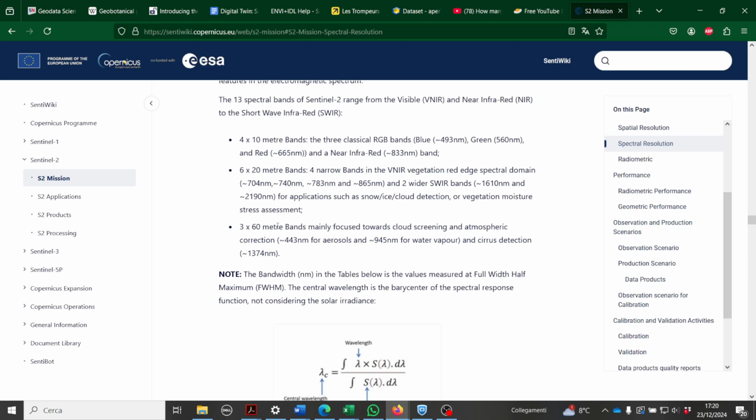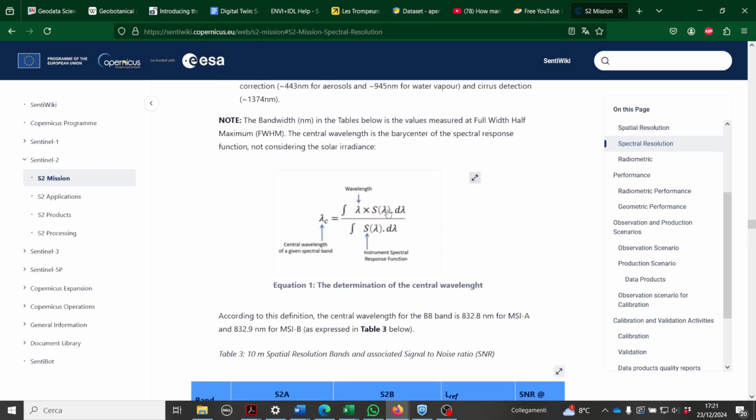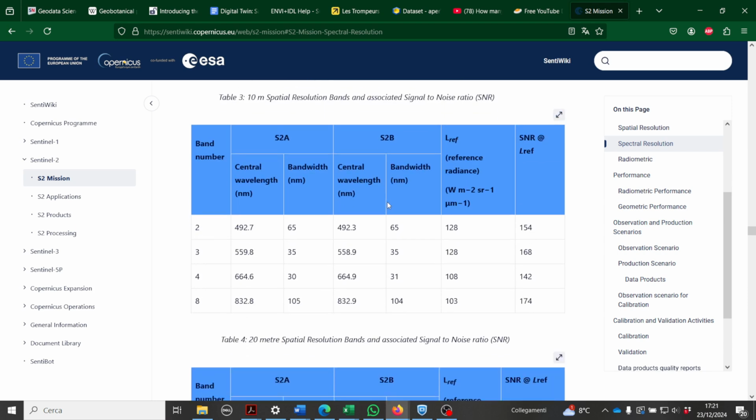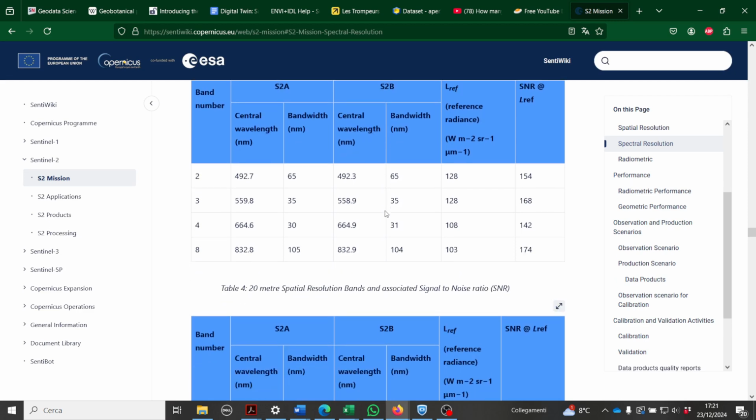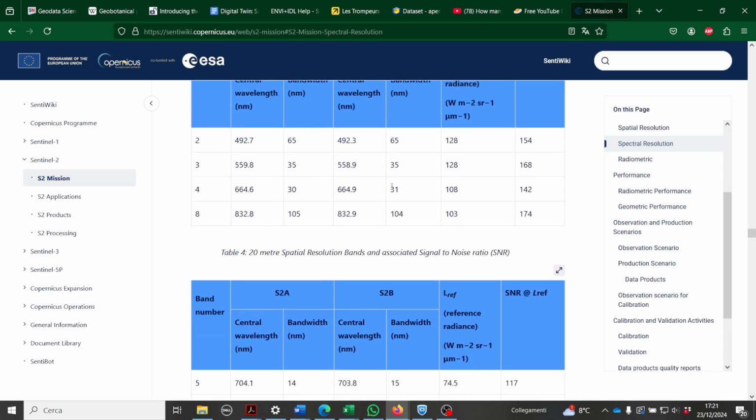And then we have a band that is used for the cirrus detection, that is in the mid-infrared, at 1.36 microns. So this is the table that lists the different spectral bands.